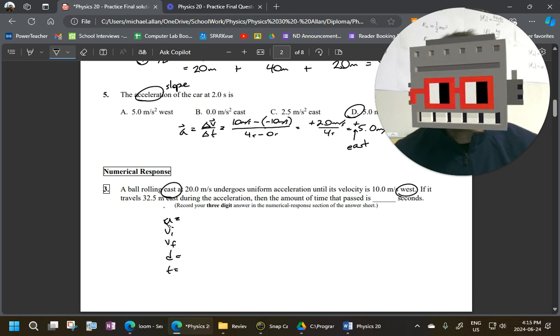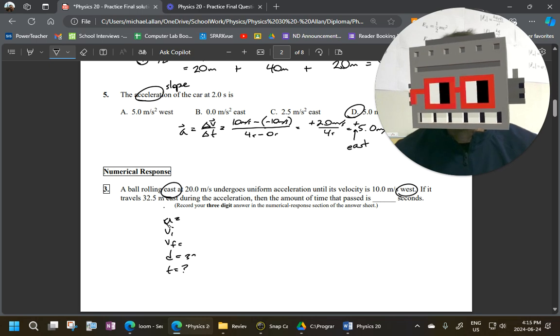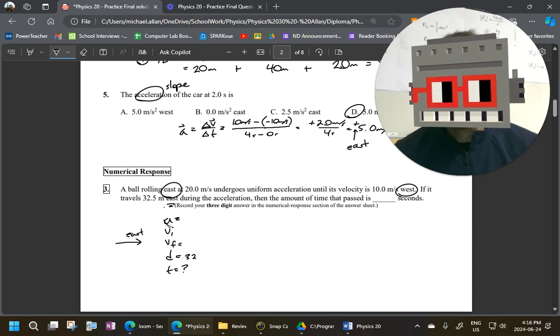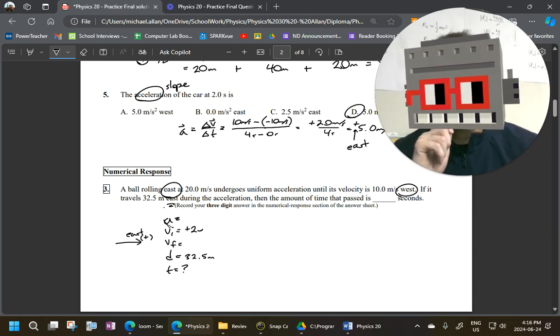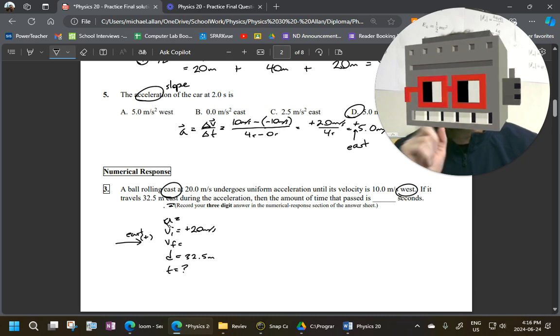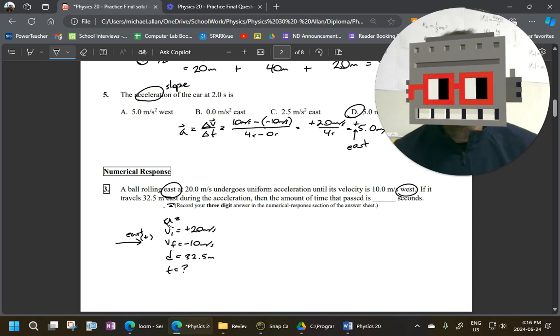I want to find time, so that's one piece I can't have. I have distance, so that's nice, 32.5, and it says going east here. So let's say east is positive. That's going to be useful because we want a sign convention since I've got opposite directions here. I've got an initial velocity of 20 meters per second, but my final velocity is going west, so that's minus 10 meters per second.